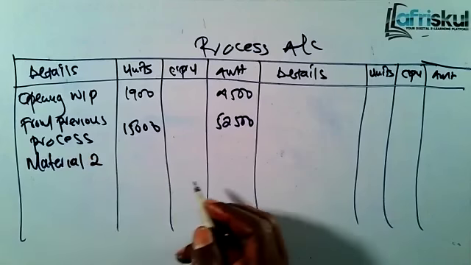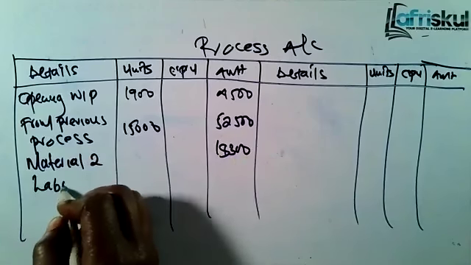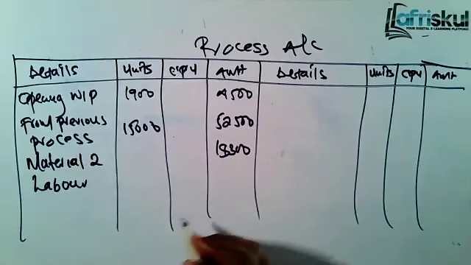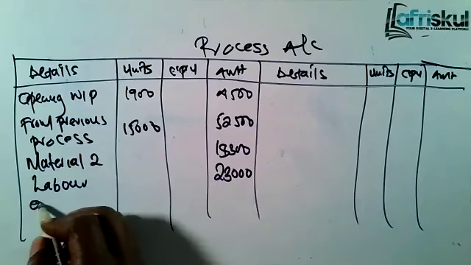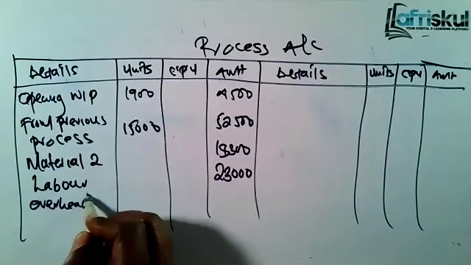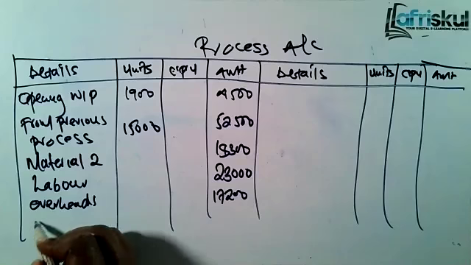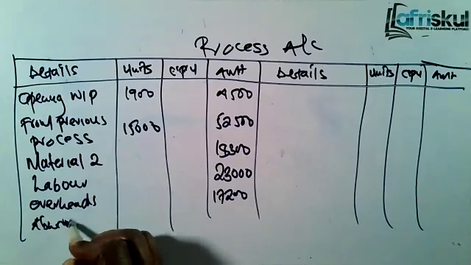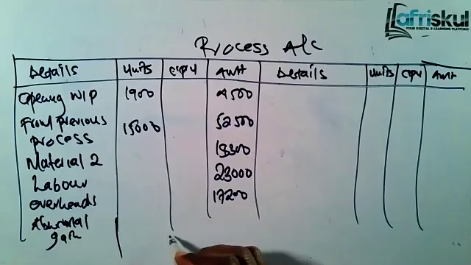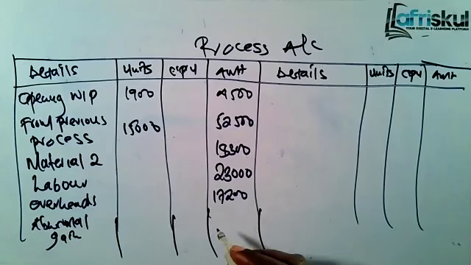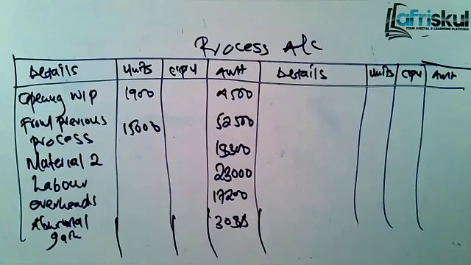The value is given, which is 18,300. And then we had labor, which is 23,000. And then we have overheads, 17,200. And then we have abnormal gain, which is 3,088. This one we did the valuation. So those are the input side.